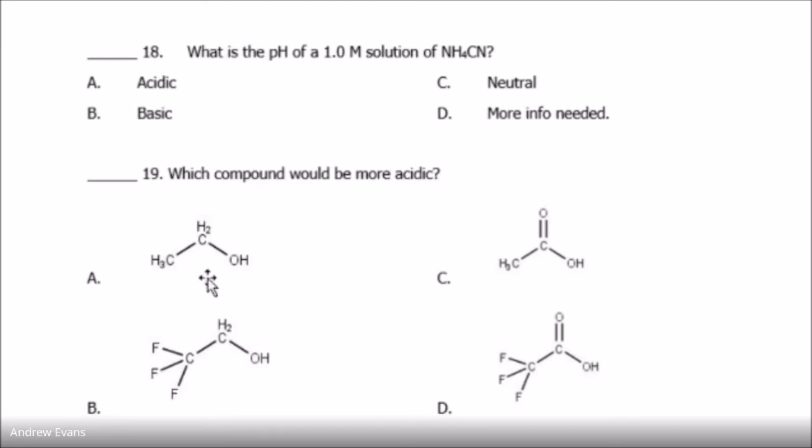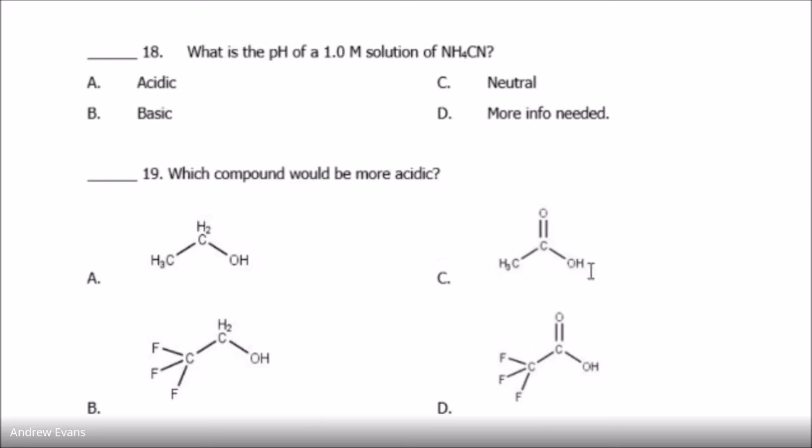So if I compared ethanol and trifluoroethanol, you would say B is more acidic than A. However, acetic acid, for example, C is more acidic than A because of the resonance.